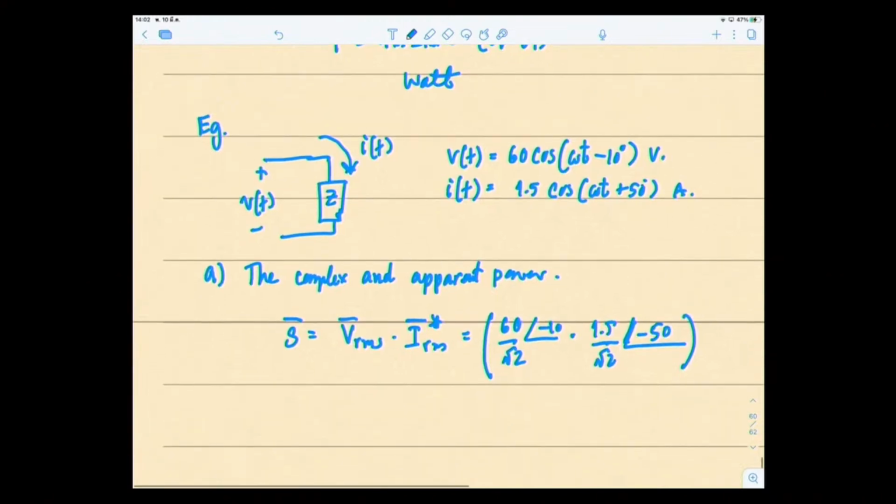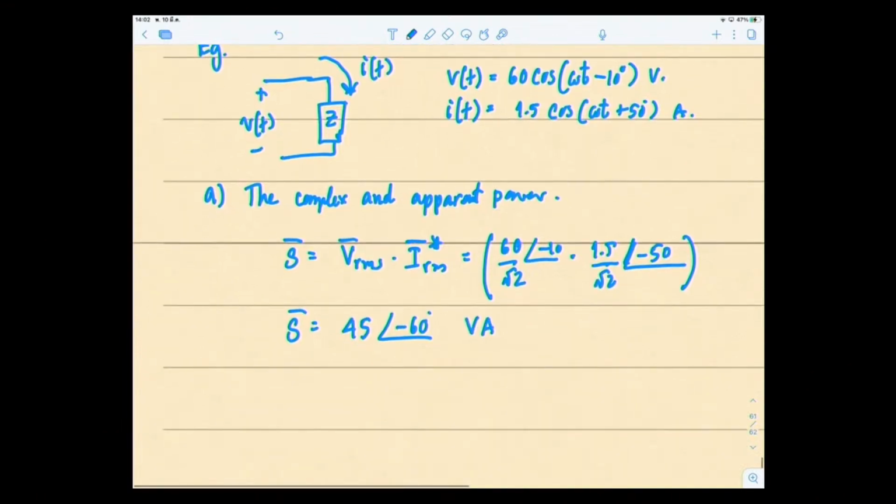So the answer is 45 angle minus 60 degrees VA. The apparent power S is nothing but the magnitude of the complex power, which is 45 VA.